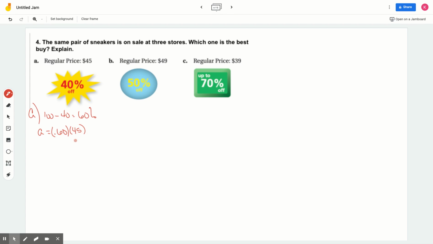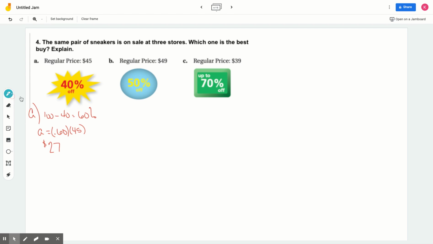So 0.60 times 45. When we multiply those, we get $27. So the price at this store is going to be $27.